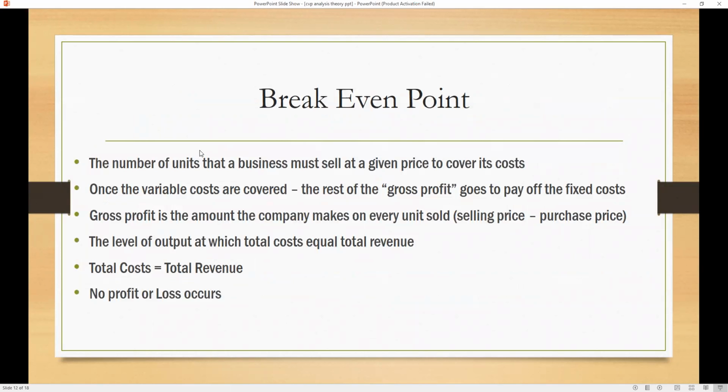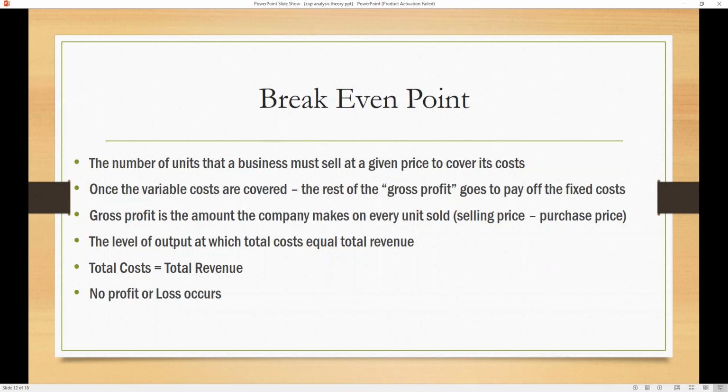To make it simpler, the number of units that a business must sell at a given price to cover its cost is called break-even. So what number of units should the company sell at a given price in order to cover the cost is called break-even. A very simple definition. Once the variable cost is covered, the rest of the gross profit goes to pay the fixed cost.